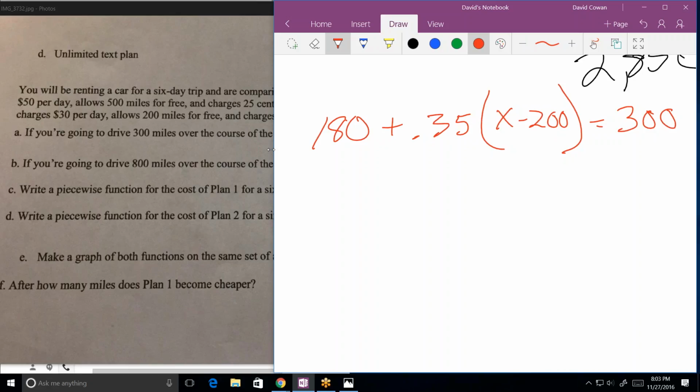If you went exactly 500 miles, plan 1 is cheaper. We figured that out, right? What if you went 600 miles? Plan 1 is way cheaper. If you went 1,000 miles, plan 1 is cheaper.